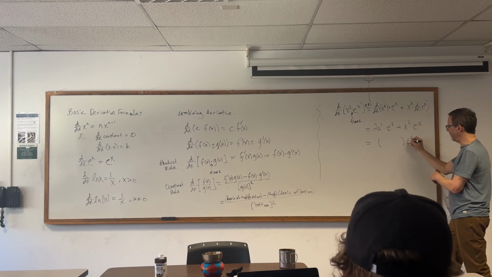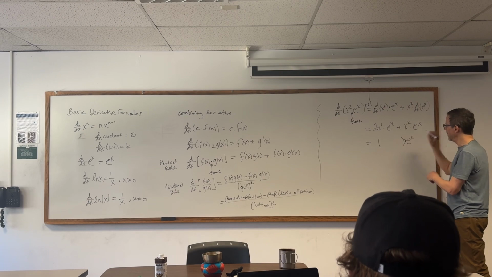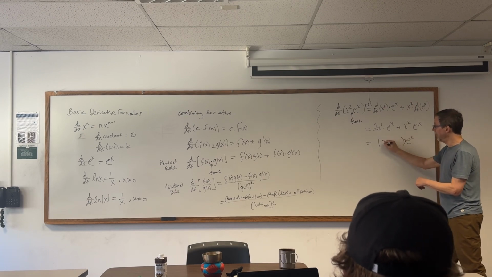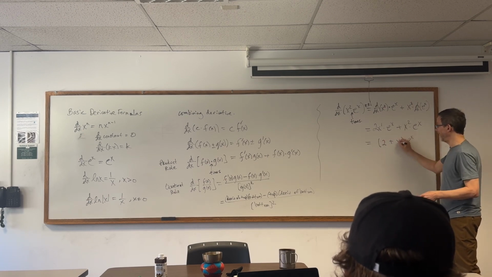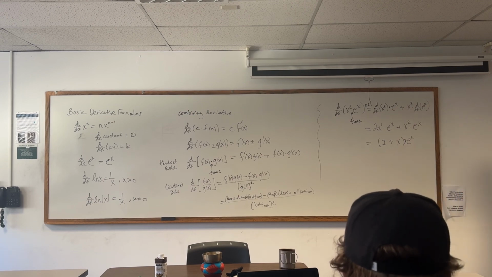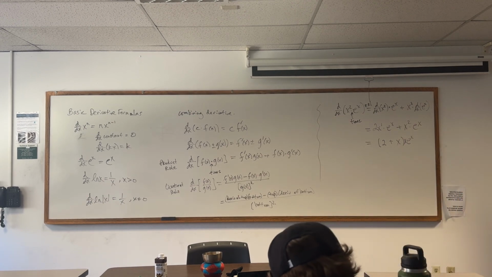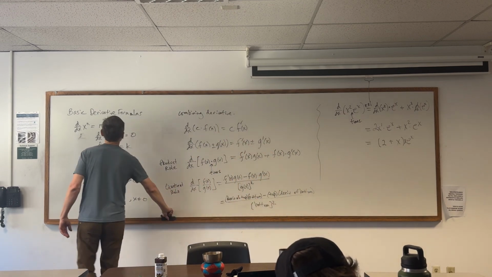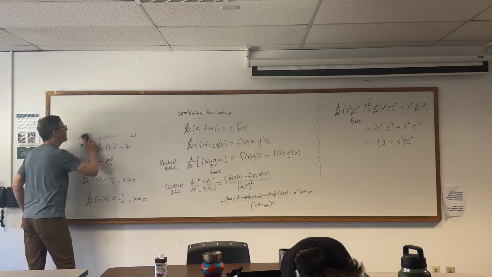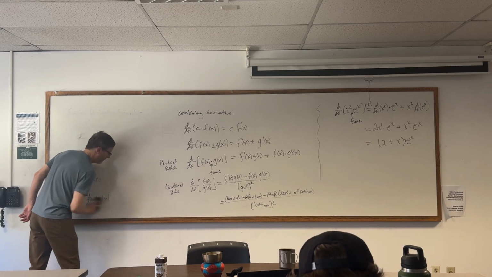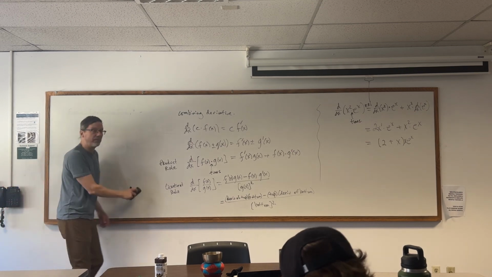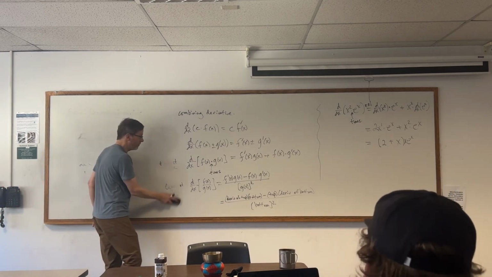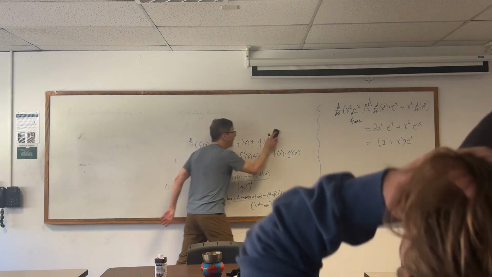And x. X, beautiful. I'll put that in front. And then I'm left with 2 plus x. 2, beautiful, 2 plus x, nice. That's the kind of thing we're going to want to do eventually. Sound okay? Yeah, cool. So let's do some more.